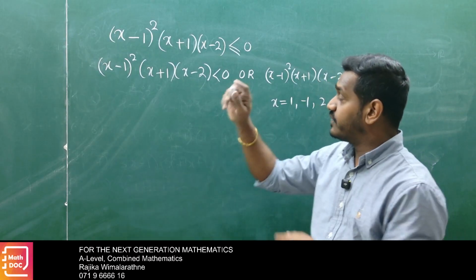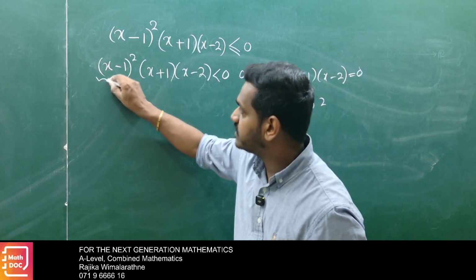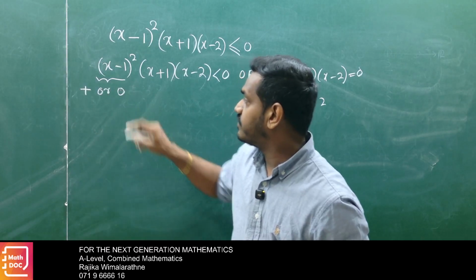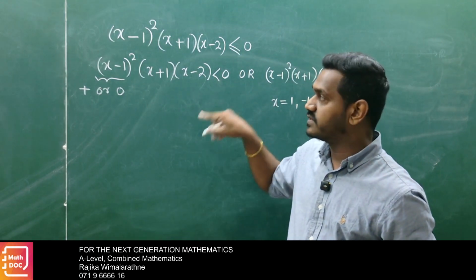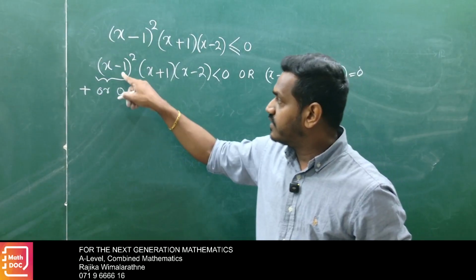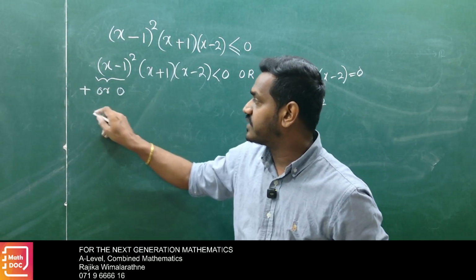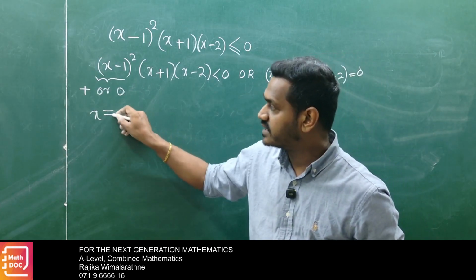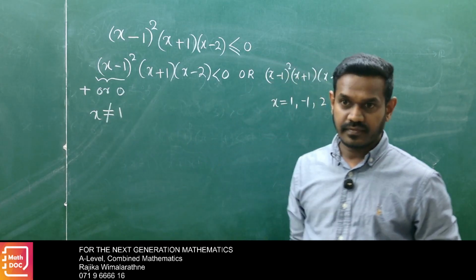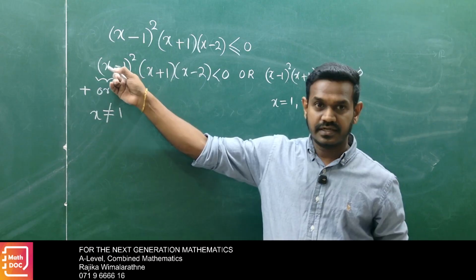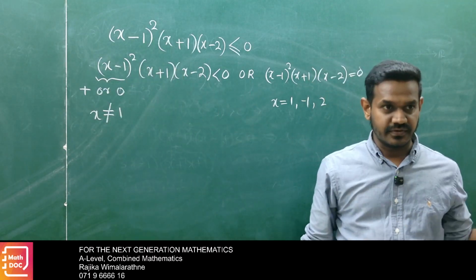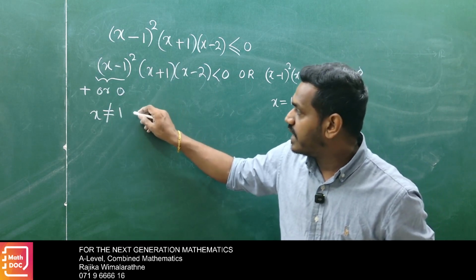And for the inequality, here this part is positive or 0, but we need to get negative values. Then when you put x equal 1 we get 0 value, then you remove that one, x not equal 1. Forget it now.